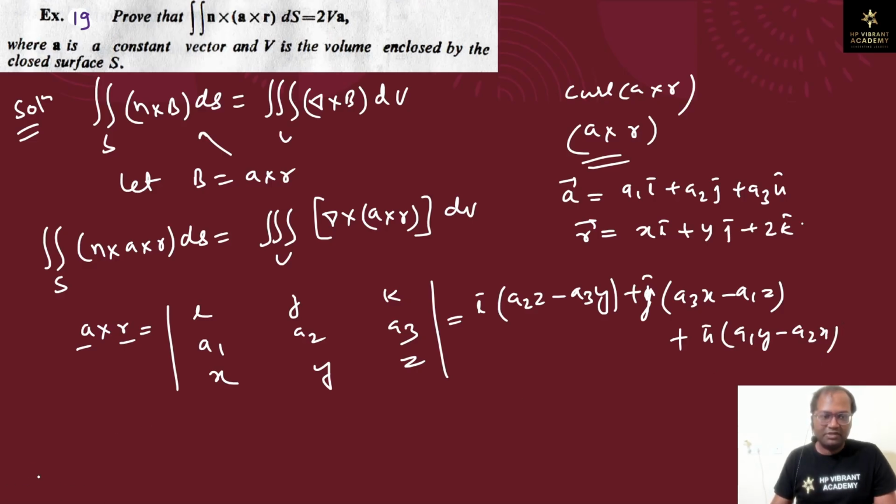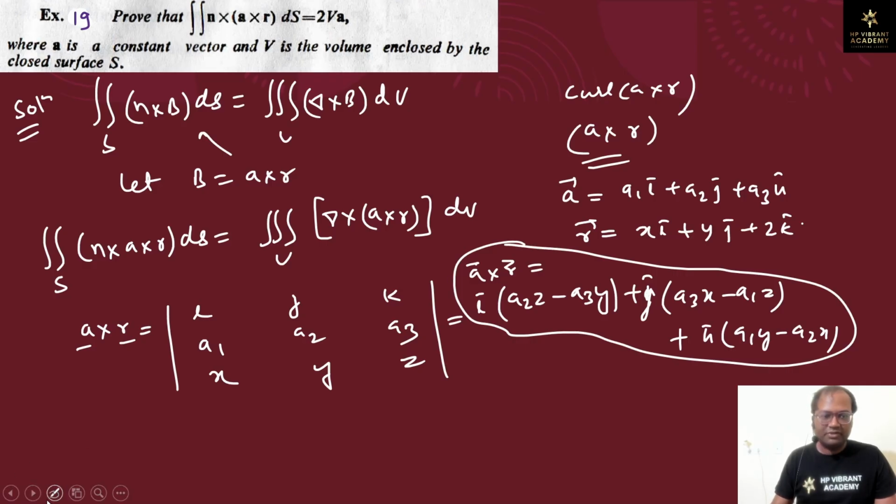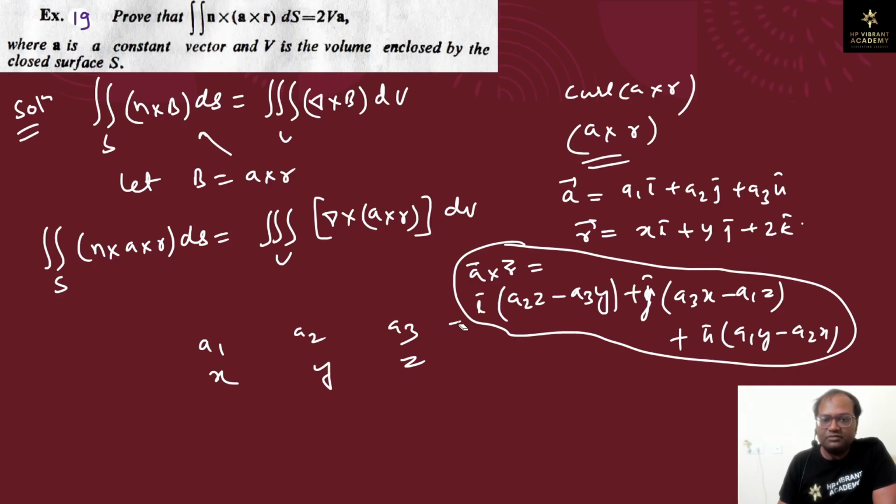This is the value of a cross r vector. Now let us find the curl of a cross r.